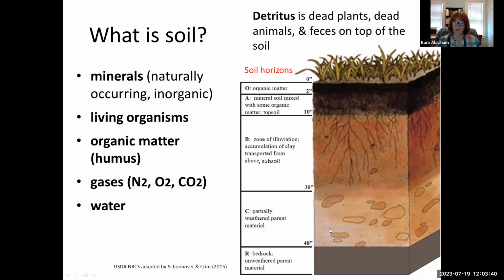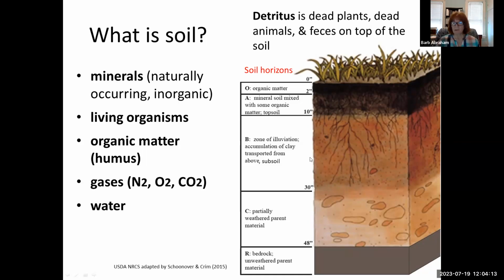Now, what is shown here is called a soil profile. If you're a master gardener, you probably know this already. And the horizons are the layers. And notice that any detritus on the top, which I tend to call leaf litter, and the humus layer that doesn't really have any minerals in it is called the O layer. And then as you go down, you still have a lot of organic material with some mineral material, and that's called topsoil.